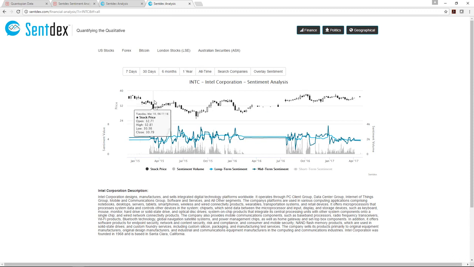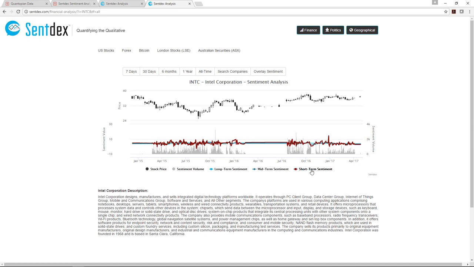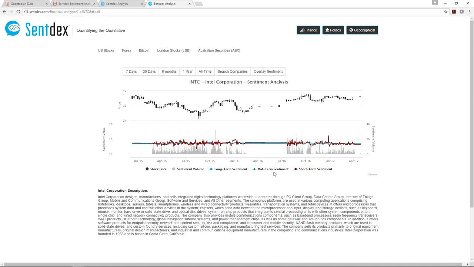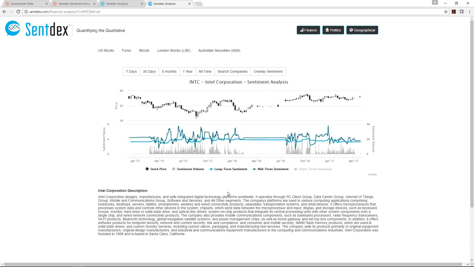You have the stock price here, and you have the long-term sentiment, then the sentiment volume, as well as the midterm sentiment, and finally the short-term. Short-term is available as well, it's just not selected here. The midterm is that one, and the long-term is that one. If I remove that, you can see the long and midterm.